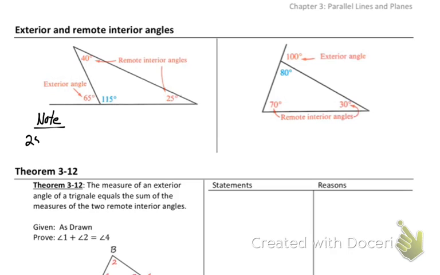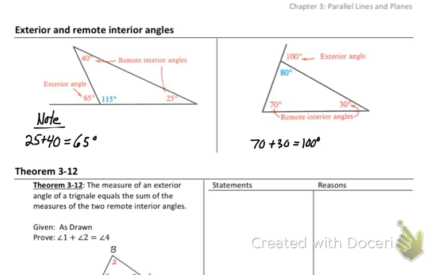Note that 25 plus 40 equals 65 degrees. Same thing over here. If I know my exterior angle and I know my remote angles, 70 plus 30 equals 100 degrees.